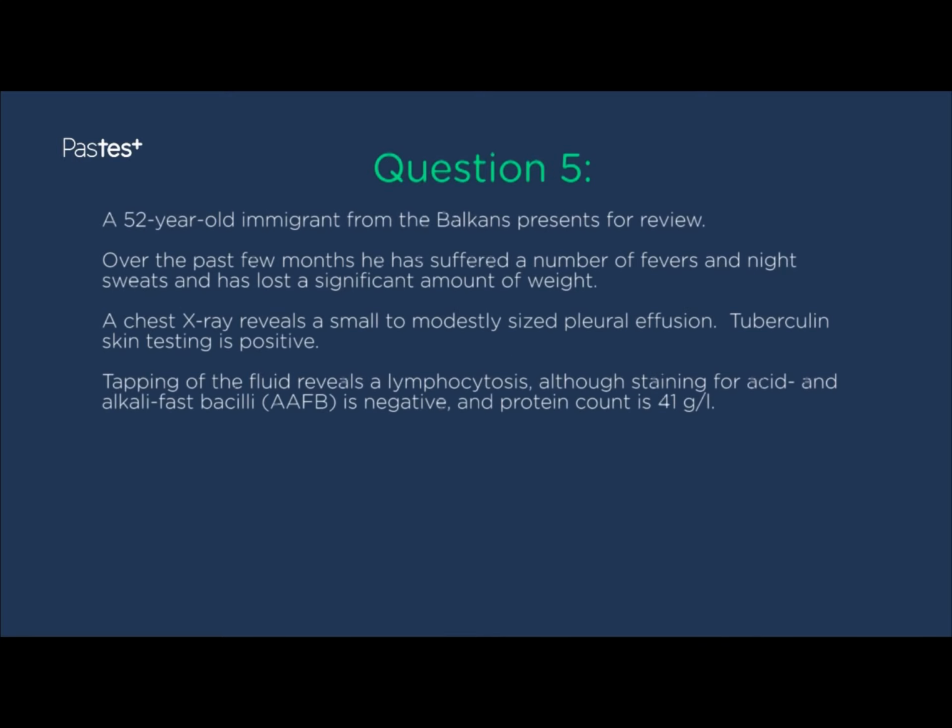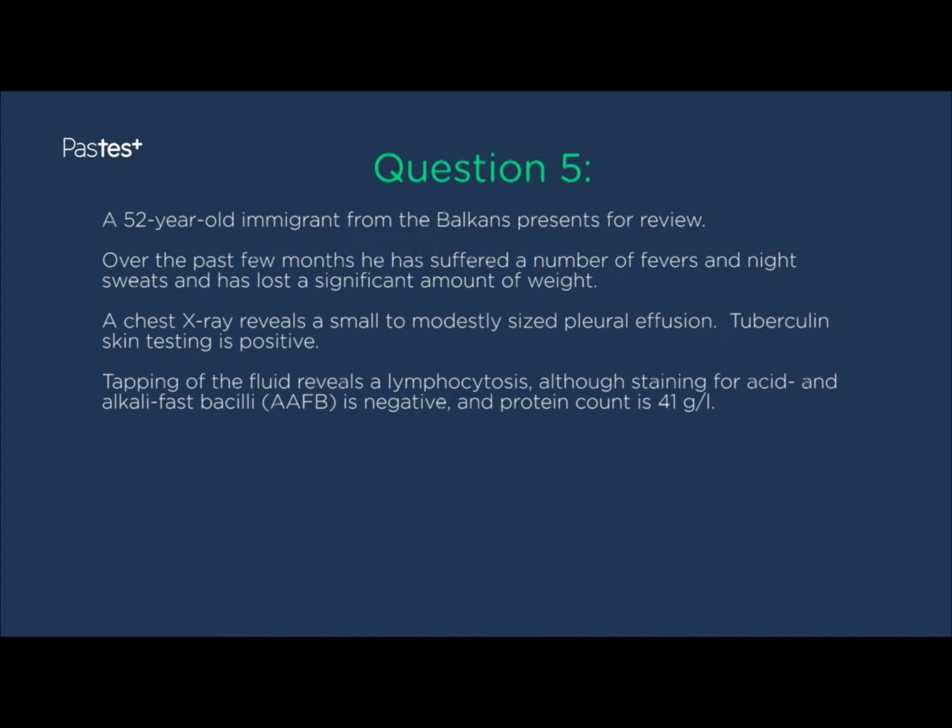Question 5. The patient is the same as in the previous question, a 52-year-old immigrant from the Balkans who over the past few months has had fever and night sweats and has had some weight loss as well. His chest X-ray shows a small to moderate right-sided pleural effusion. He has a positive tuberculin skin test. His pleural fluid is lymphocytic.